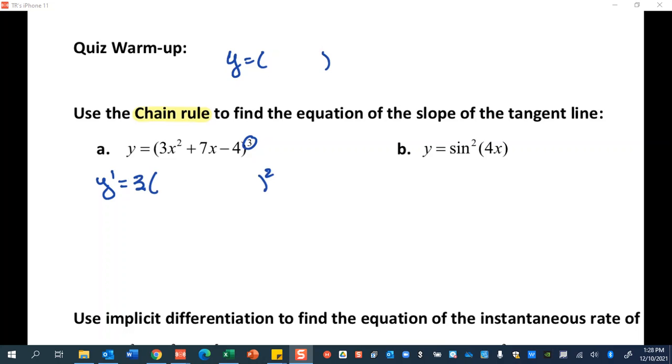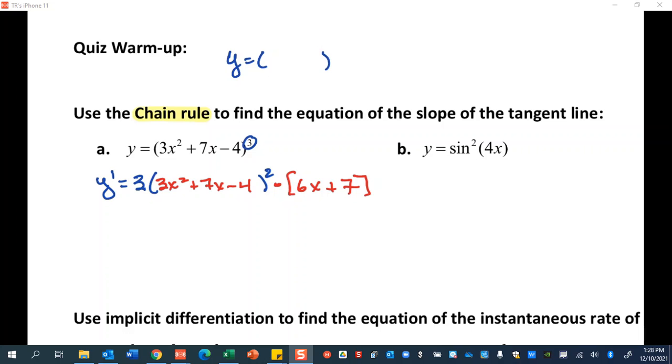That's my first step in taking my derivative. This idea in here, 3x squared plus 7x minus 4, is unchanged. But then it's times the derivative of that which is inside. So we can call that 6x plus 7.